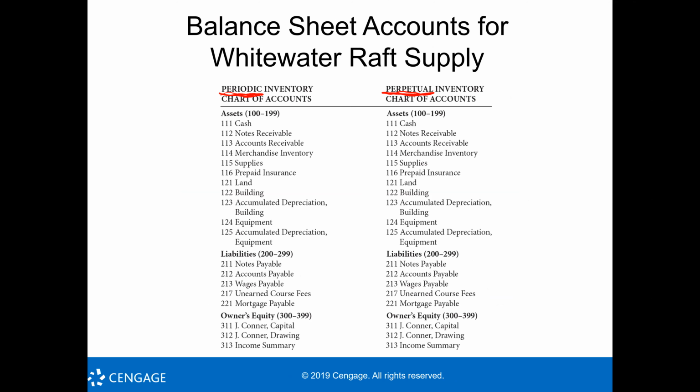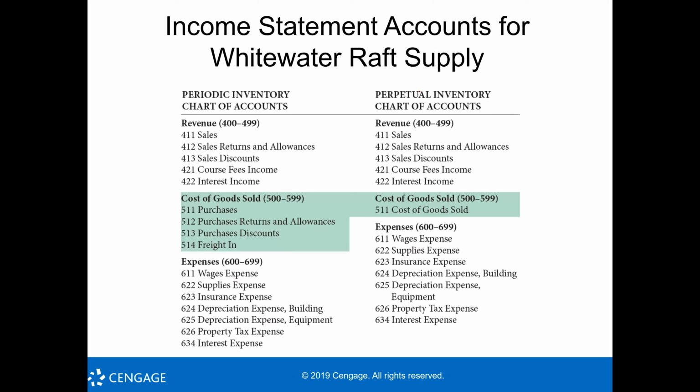The difference is when we get to the next section: revenue, cost of goods sold, expenses. So again, we've got periodic here, we've got perpetual here. With revenue, exactly the same.